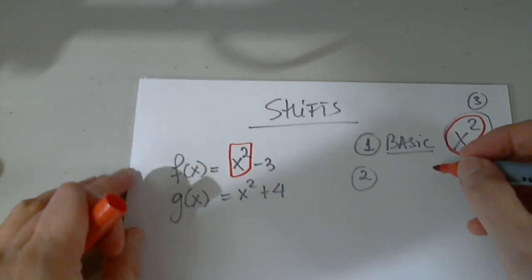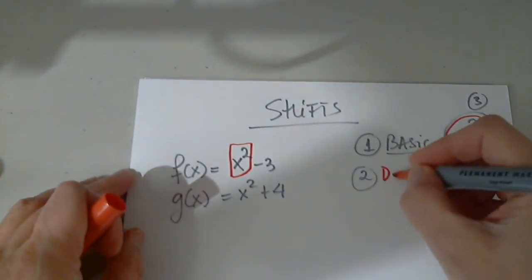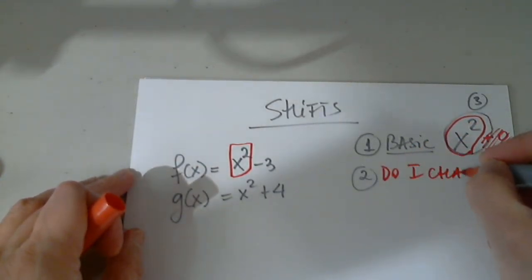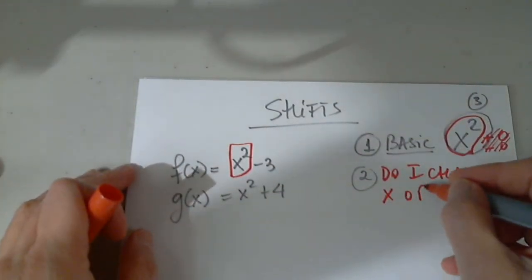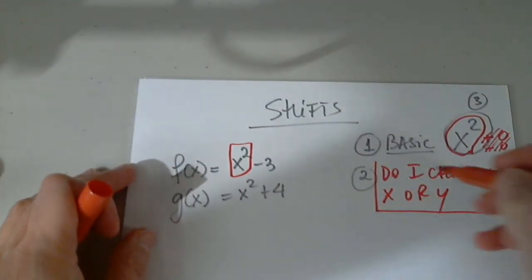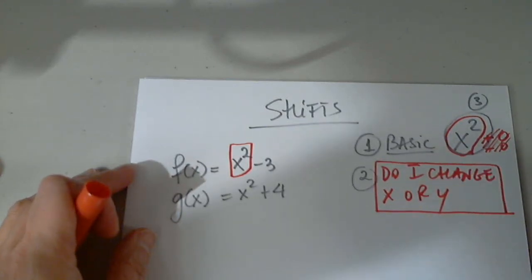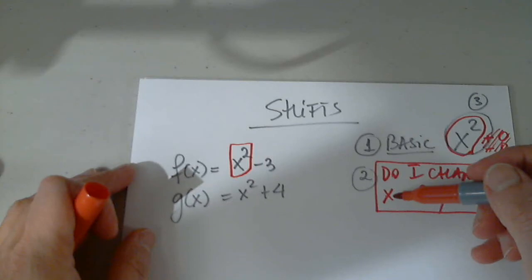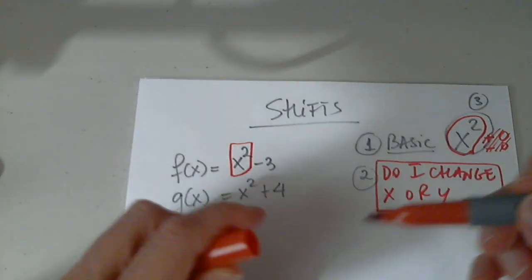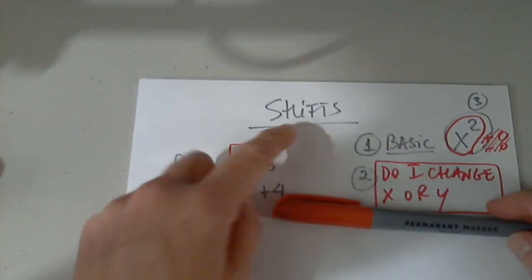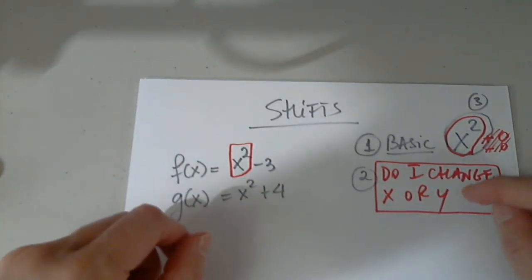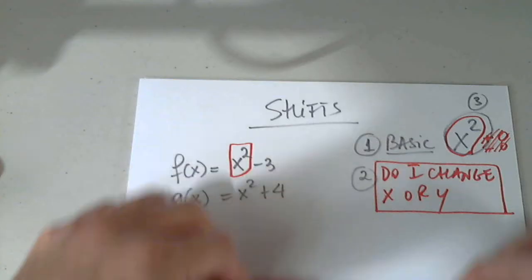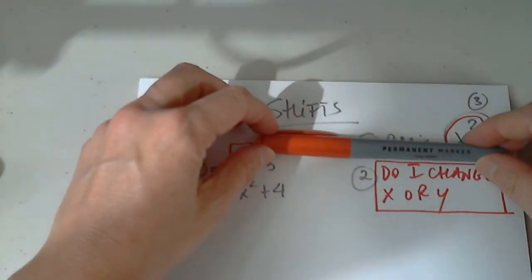My first question here is, does the function change x or y? This is my immediate question in my head. Because if it's a change in x, then the transformation, the shift, will be horizontal. If I identify that it is a change in y, then the shift is vertical.